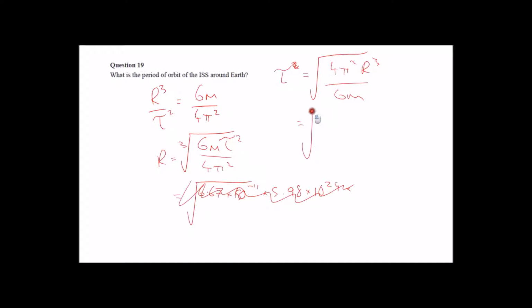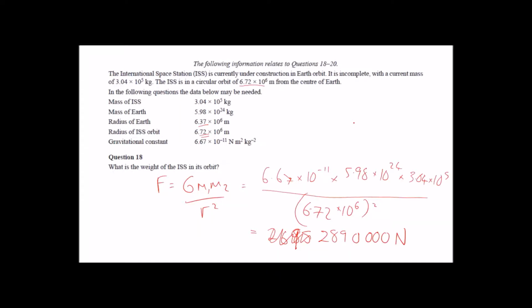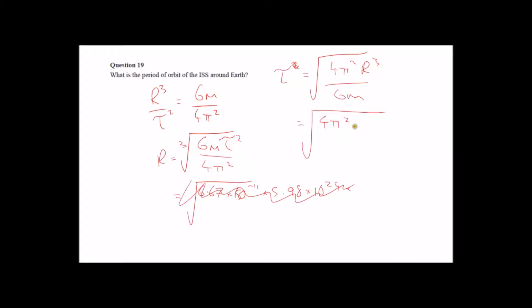So I'm just going to sub all this in, 4 pi squared. So the radius, in fact, we already knew, that is the 6.72 times 10 to the 6. And that is all cubed, and 6.67 times 10 to the negative 11 times the mass of the Earth, and we've just got to carefully sub that in and see what we get.